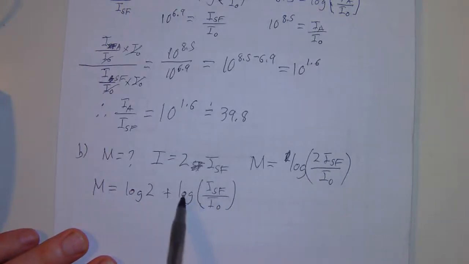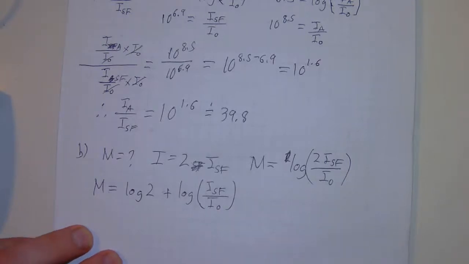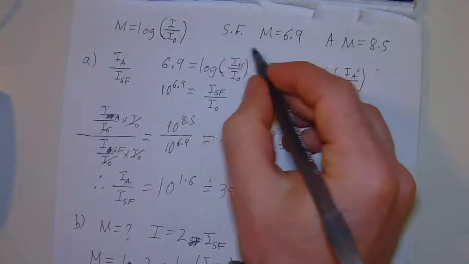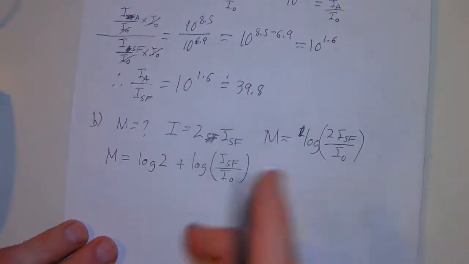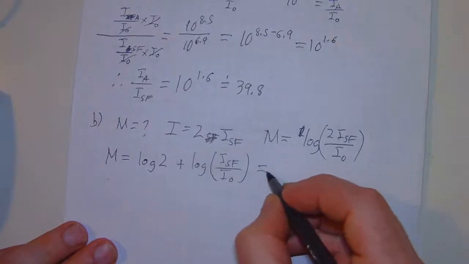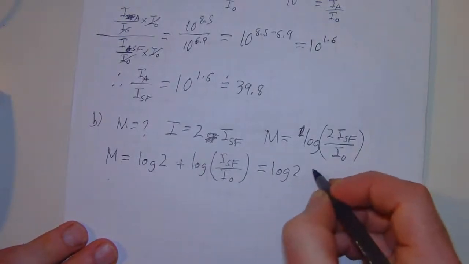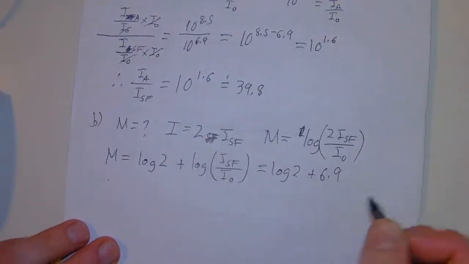Well, log of the intensity of the San Francisco earthquake divided by the reference intensity, this term right here, is the formula for getting the Richter value or the magnitude for the San Francisco earthquake. And we know that, right? We were told in the question that the magnitude for San Francisco is 6.9. So here I know that this is log base 10 of 2 plus 6.9.